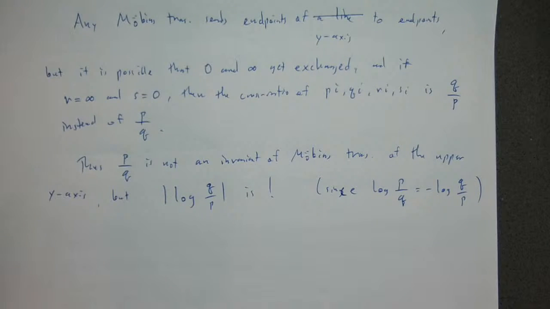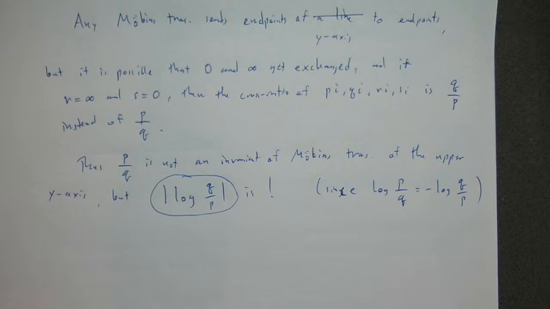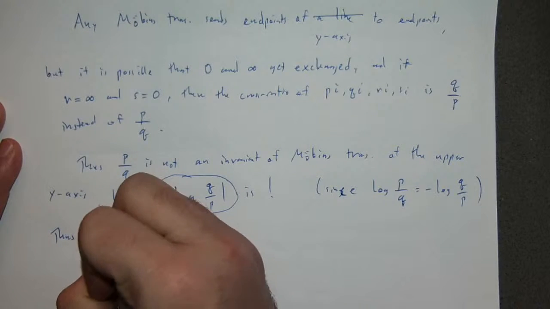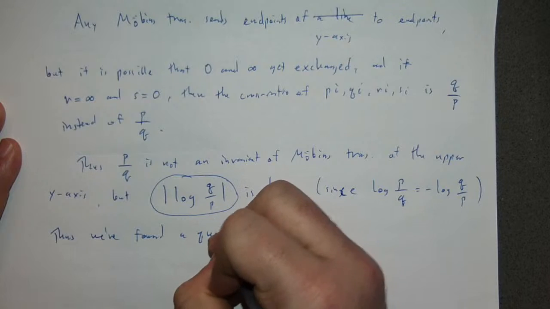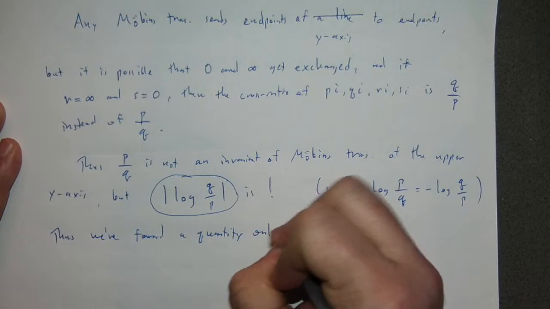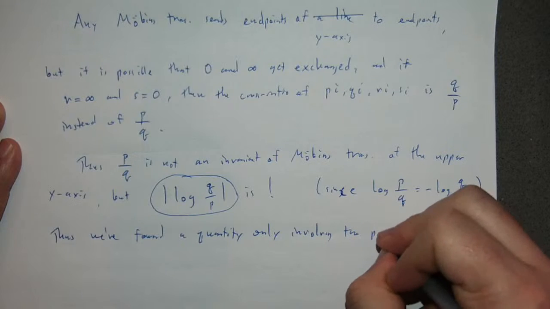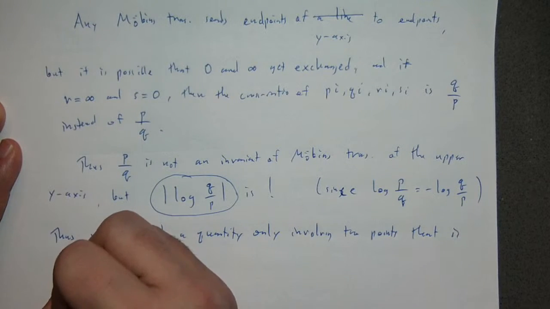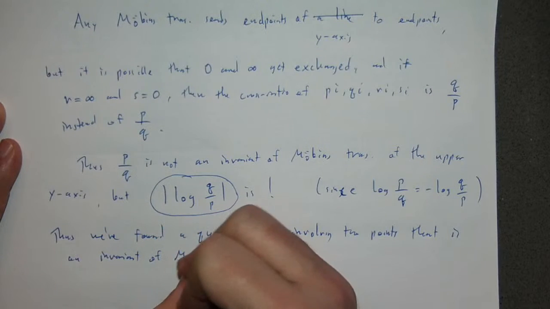And so we have found a quantity only involving 2 points that is an invariant of the Möbius transformations.